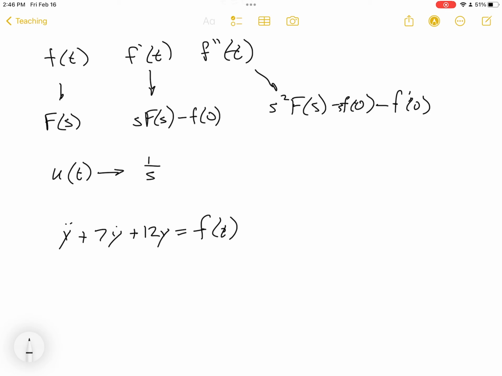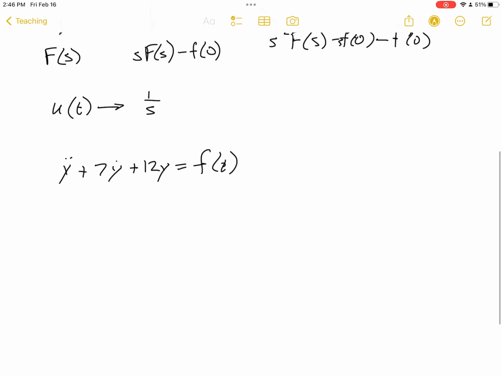If we use initial conditions equal to 0 and we take the Laplace, what we're left with is s squared Y of s plus 7s Y of s plus 12 Y of s equals F of s.